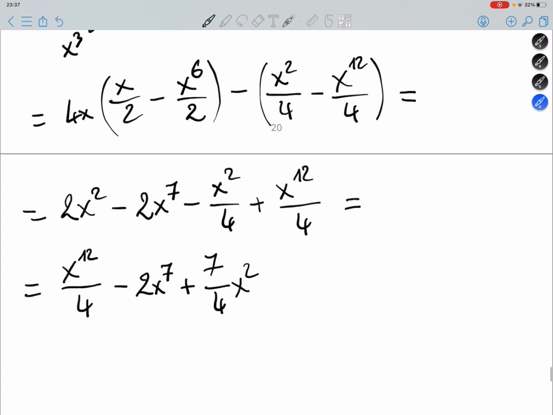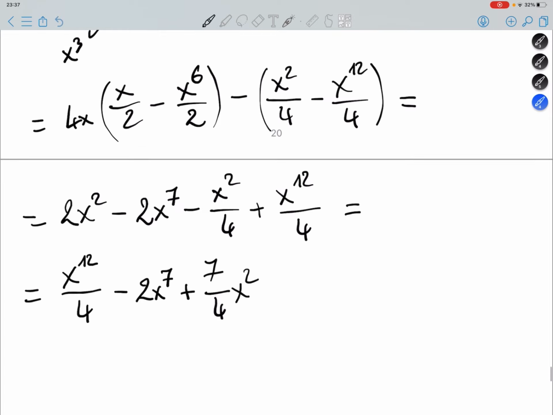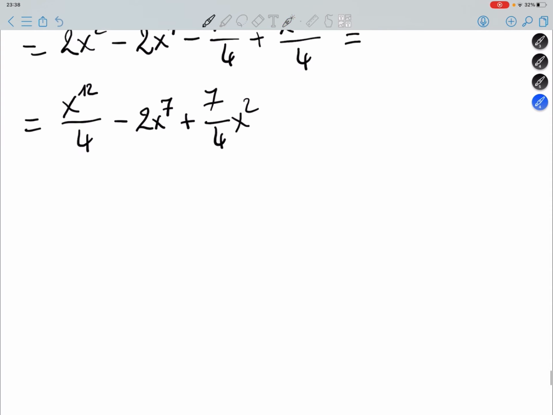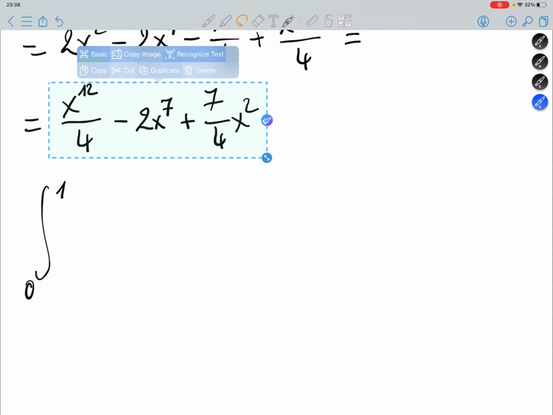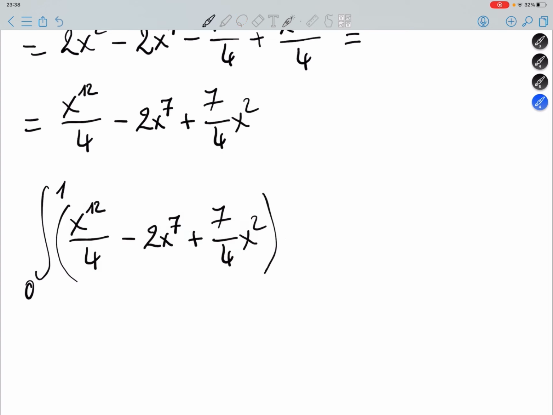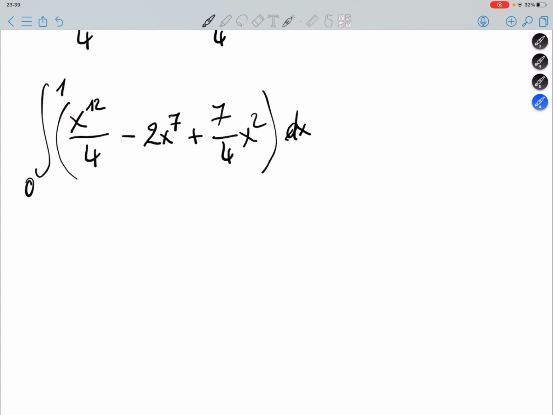Now this is the integral with respect to y, but we still have the integral with respect to x left. So we do the integral from 0 to 1 of what we found here, with respect to x.